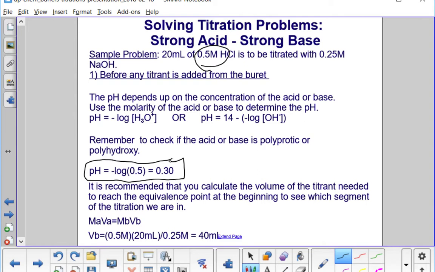So again, these are both HCl, NaOH. It's 1-to-1 stoichiometry here. So MAVA equals MBVB. So the volume of the base is the concentration of the acid times the volume of the acid over the concentration of the base. And so our equivalence point is going to happen after 40 milliliters of NaOH have been added.